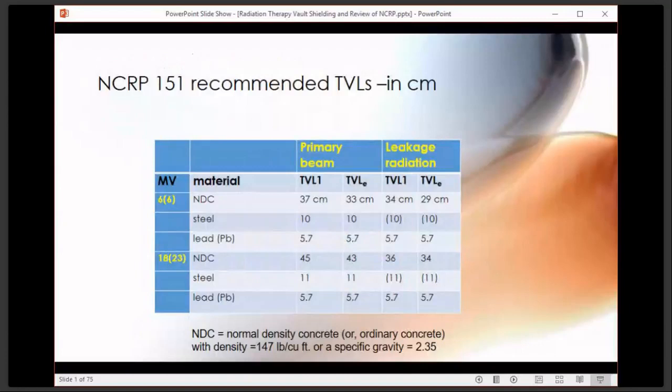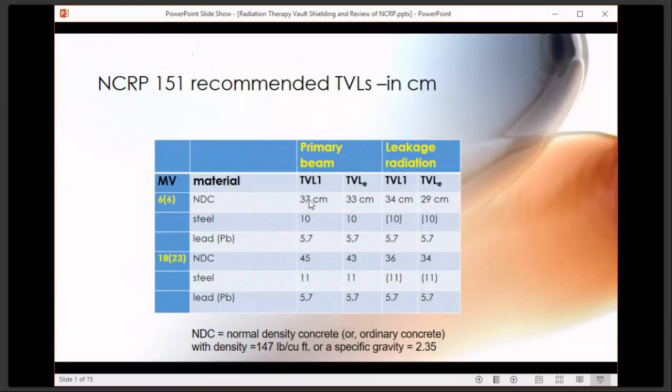So for 6 MV and 18 MV, this 18 is based on BJR Supplement 11. That's the older classification of beam quality. You would call it 23 today in BJR 17 specifications. But these 2 beam qualities listed here, the primary barrier TVL1 and TVL equilibrium, are listed here.